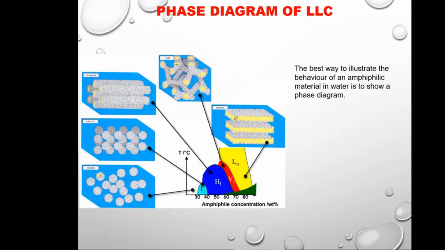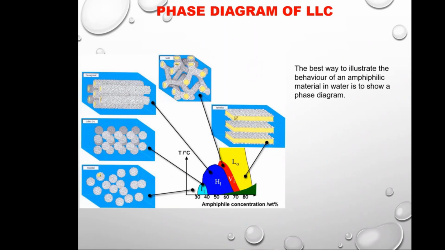As I told you already, the lyotropic liquid crystals are known for having this appearance depending on the temperature and the concentration of a molecule in a solvent. So one of the examples of how such a phase diagram looks like is here. First we have just the micelles at the low concentration, just the micelles in the isotropic solutions.